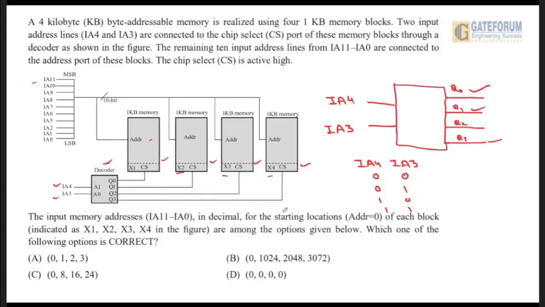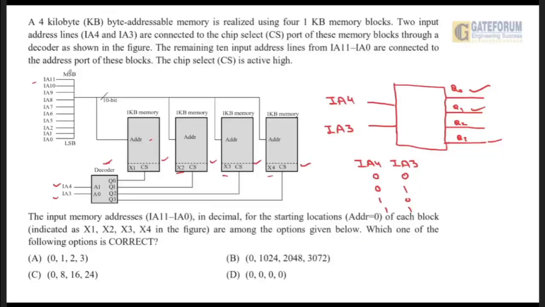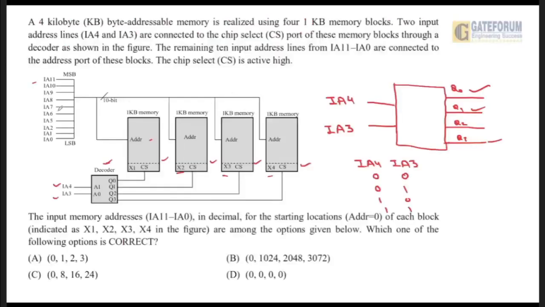Okay, so let us write all the input lines. The input lines are from 0 to 11. So let us write it down: 11, 10, 9, 8, 7, 6, 5, 4, 3, 2, 1, 0. 0 to 11, these are the input lines, right? All these values have been given to be initially 0.